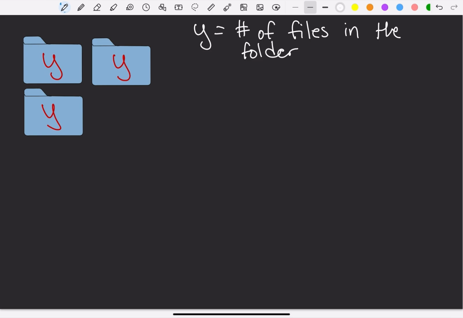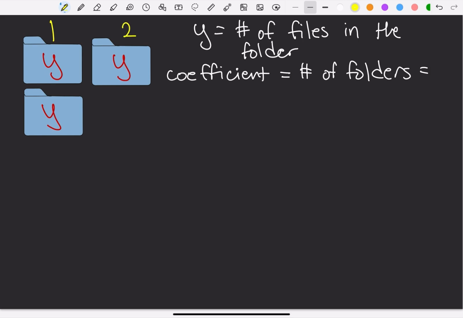How many folders do we have? Well, what does our coefficient tell us? Our coefficient tells us the number of folders we have. Why don't we number them? We have 1, 2, 3. We have 3 folders. Boom.